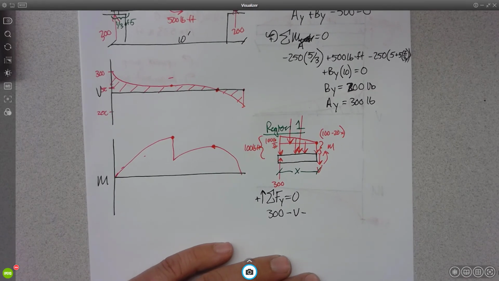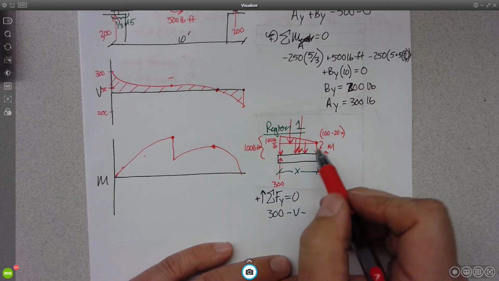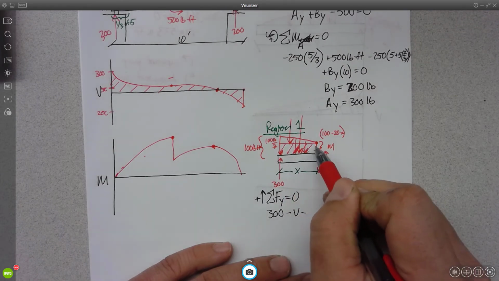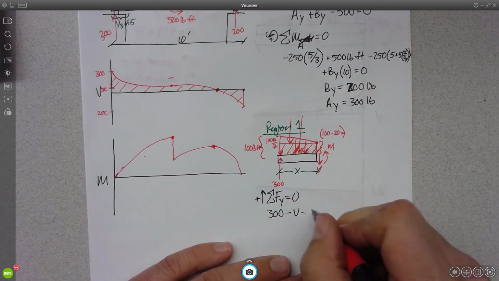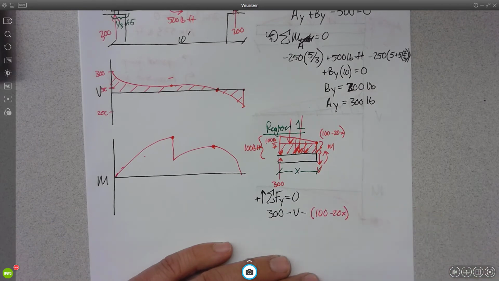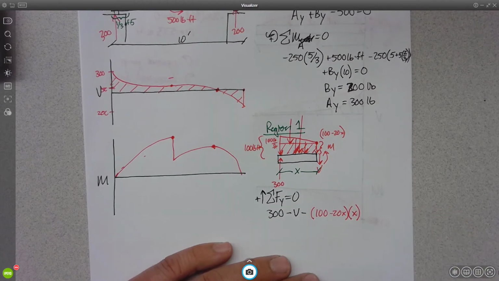You okay with that? This would be 100 minus 20x. So then the magnitude of this area here is going to be 100 minus 20x. That's its height. What's its length? Times x.